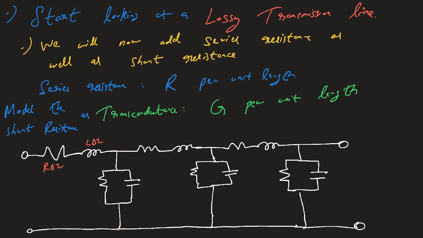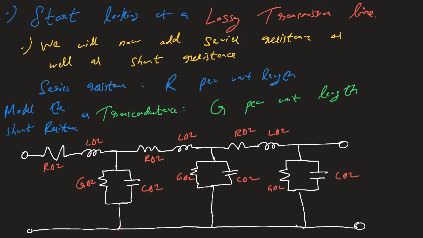So G delta Z, and this capacitance is C delta Z. Similarly, this resistance is R delta Z, this inductance is L delta Z, this is G delta Z, this is C delta Z. This is R delta Z, L delta Z, G delta Z, C delta Z.